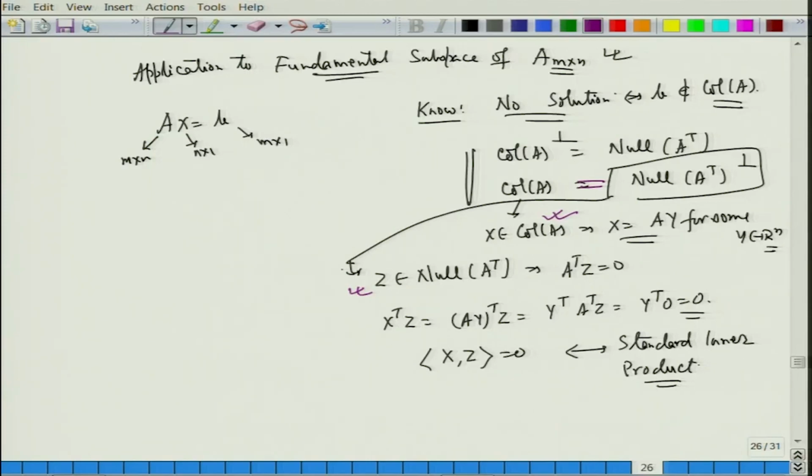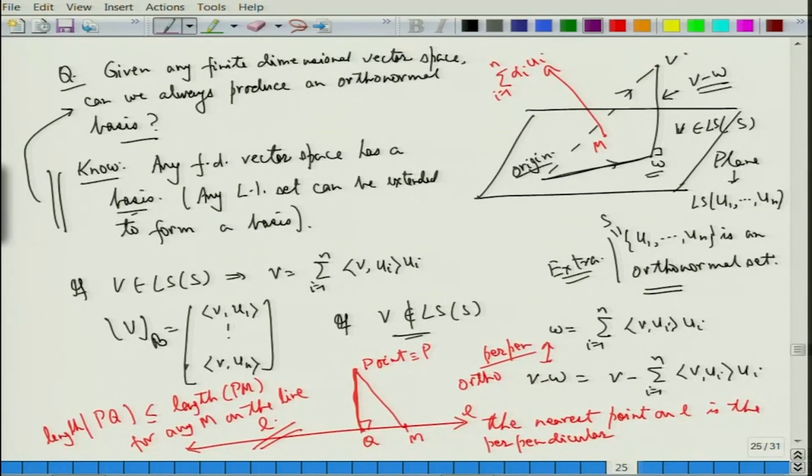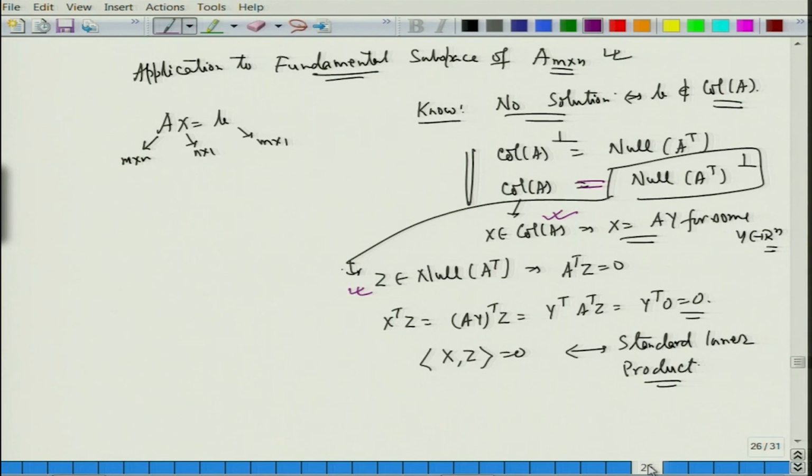All right. So my case is looking at, as I said in the previous slide also, the case when B does not lie in the linear span. So again we are doing the same thing. We assume B does not belong to the column space of A, which implies Ax = B has no solution.